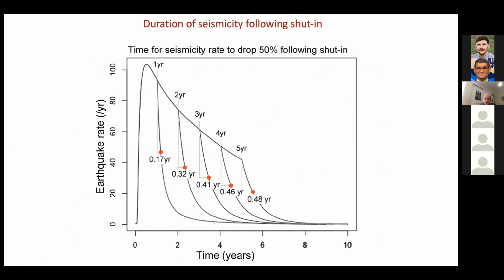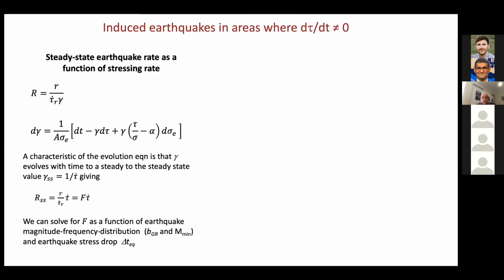So this is a fairly simple model, but it gives some interesting results that may illuminate some features of induced seismicity. Now, it becomes a bit more complicated when there's background stressing, say tectonic stressing. And so I'd like to talk about that for a minute or two.